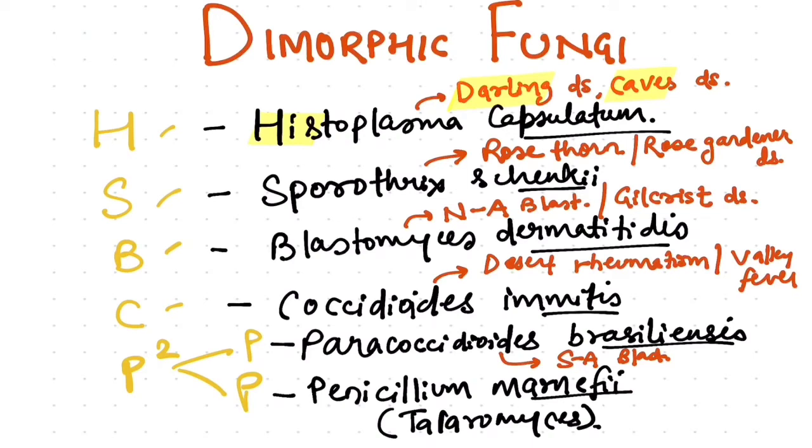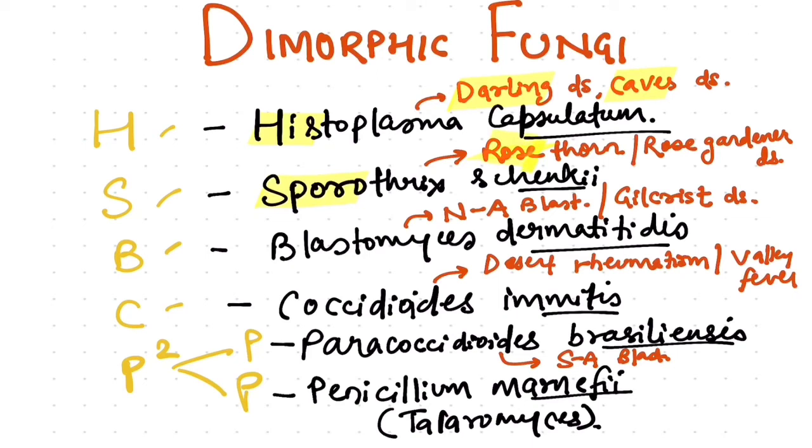Then coming to Sporothrix schenckii. Here you can see spores, and this disease is typical of rose gardeners who are picking up thorns, and due to minor trauma from these thorn injuries, they develop sporotrichosis. So you can just remember that spores are related to roses.